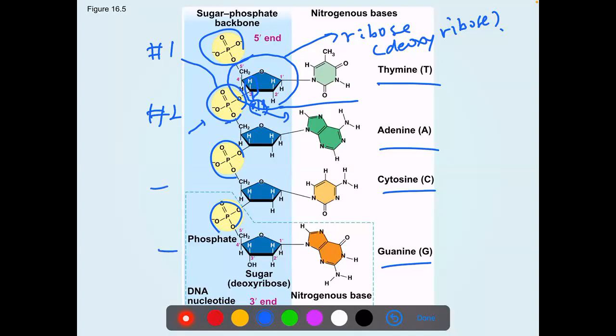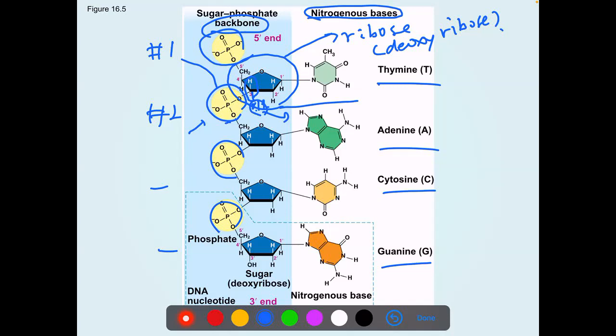This is what we call the backbone, and it carries the nitrogenous bases. The base is either thymine, adenine, cytosine, or guanine. These give the different properties of each nucleotide.